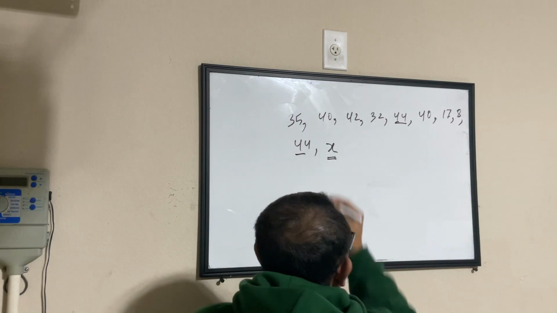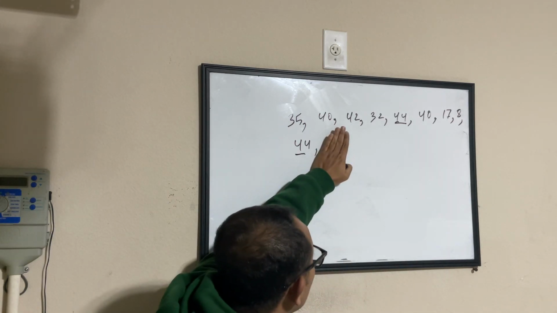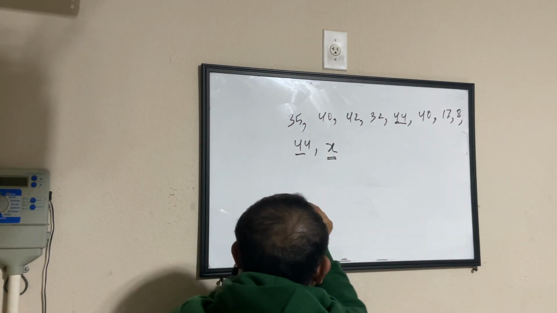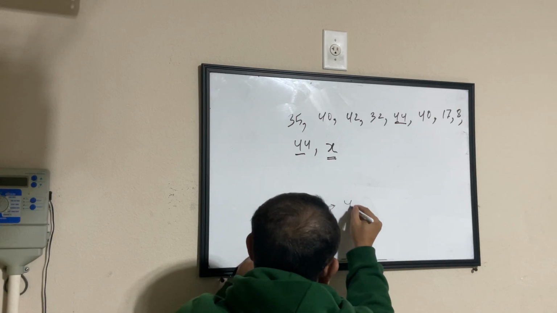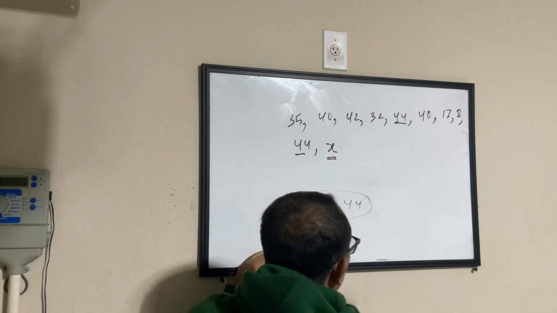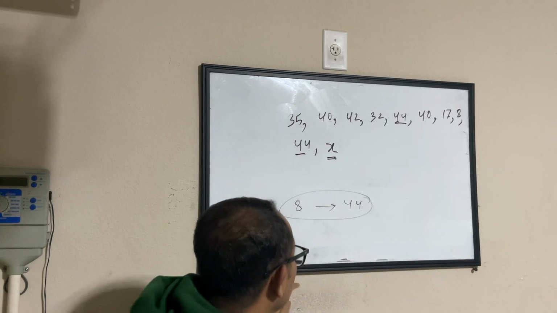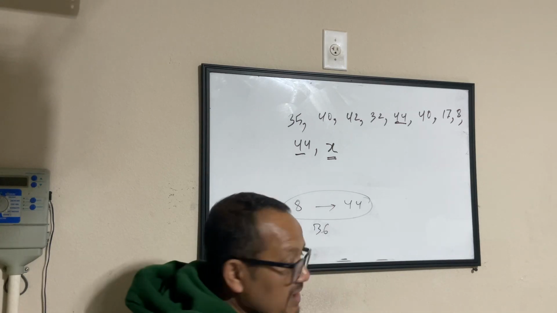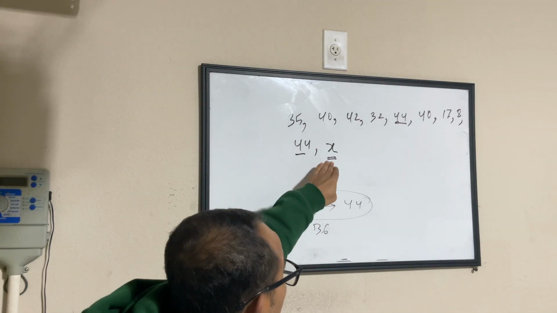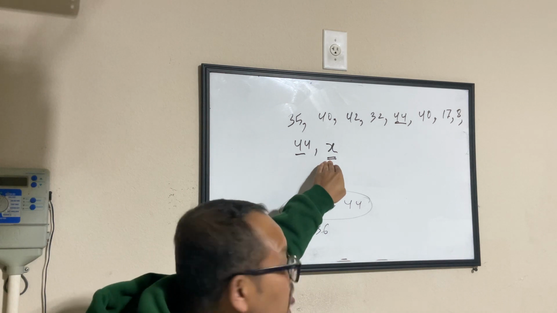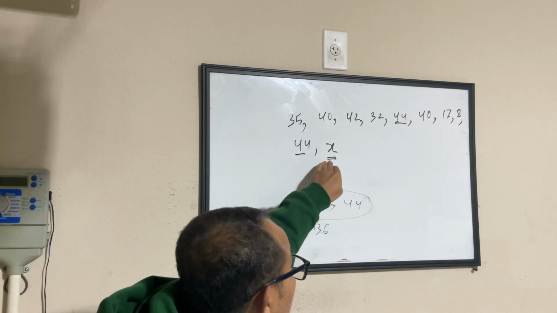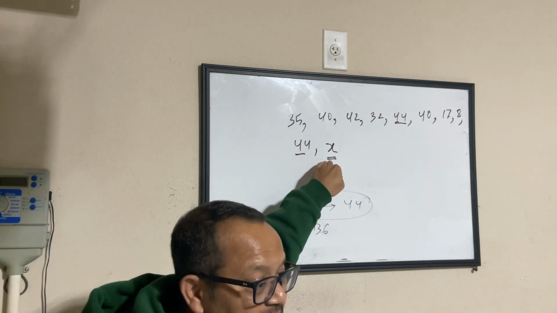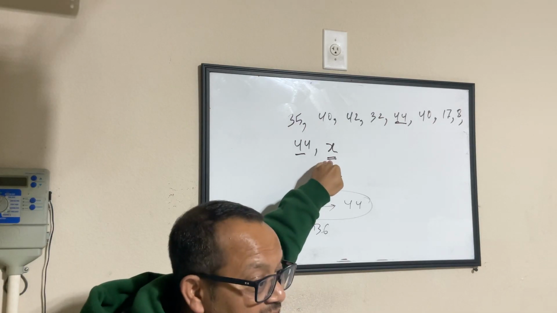So if I did not have this one, what was my range? It was from 8 all the way till 44. So my range was 36. It says, what is the marks scored by the last kid which is impacting the range by 5 or increasing the range by 5.